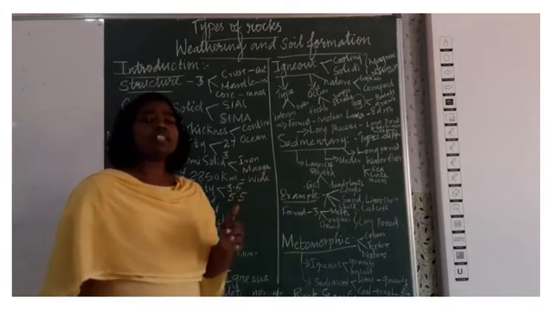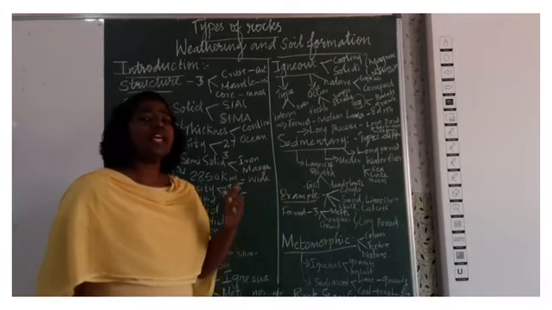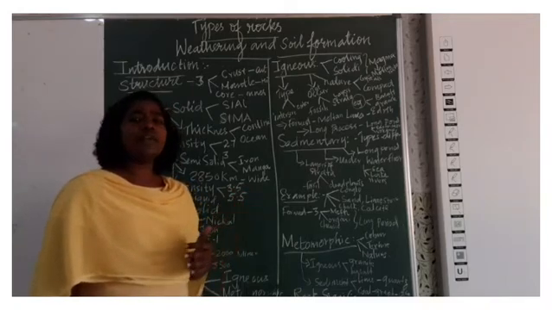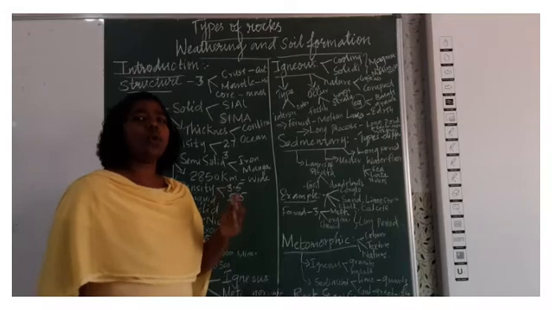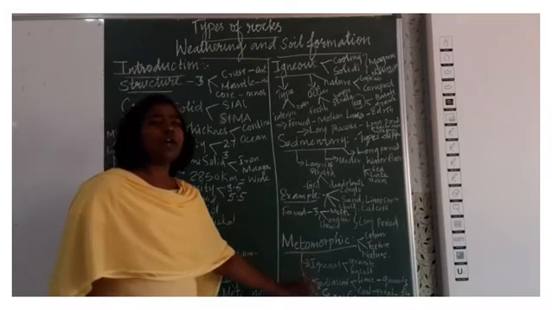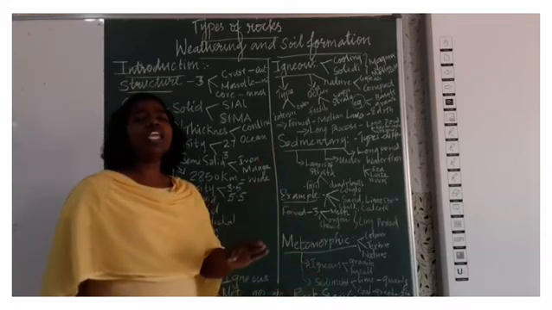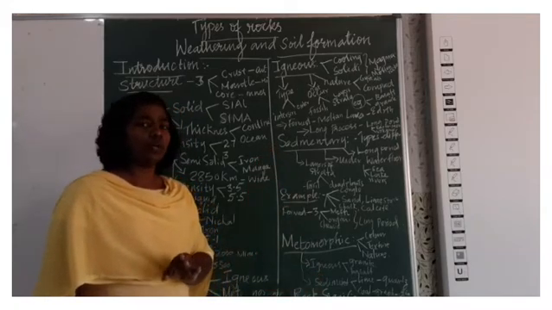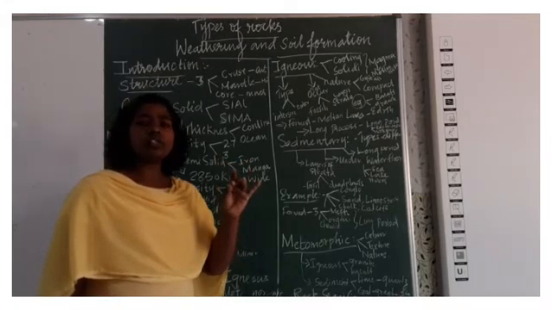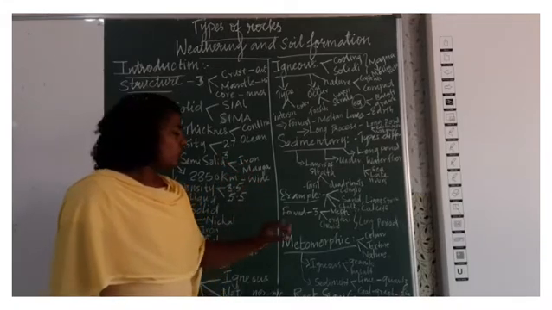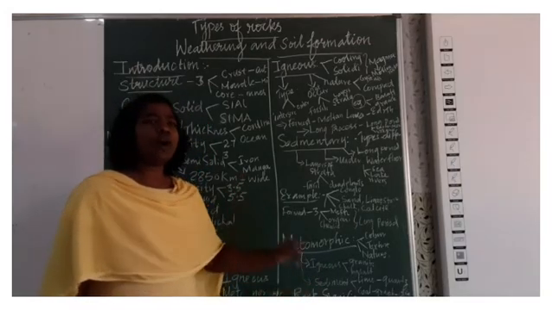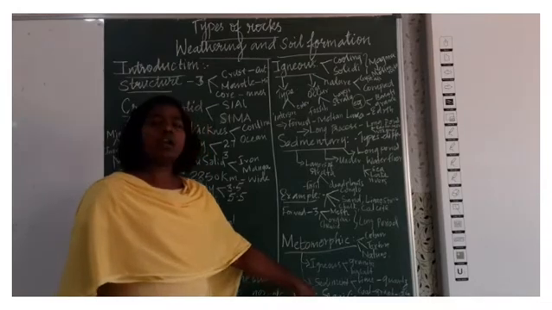Okay, these changes occur because of the various elements of weather. What are these elements of weather? Rain, frost and temperature. Mainly for soil formation, these three elements are very important. What are the three elements? Rain, frost and temperature. So the first significance of rock is that soil is formed because of this rock.